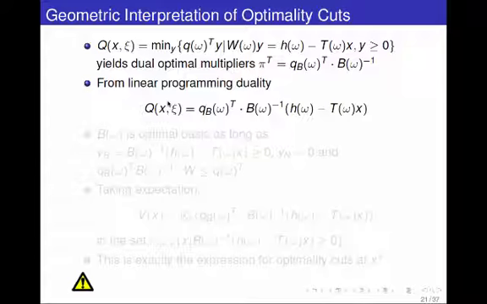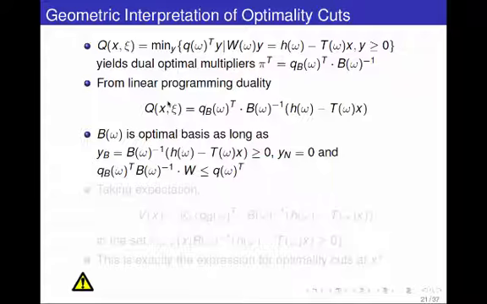If I move the x too much, then these inequalities are violated and I have to look for a new basis. When I find a new basis, I present it to you, and again, I play the same argument to tell you that if you move around that x, still the Q is a plane around that x. So basically what I get is that Q as a function of x is piecewise linear.